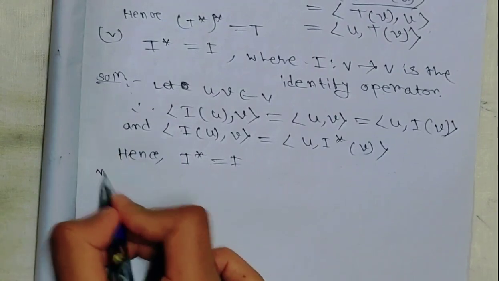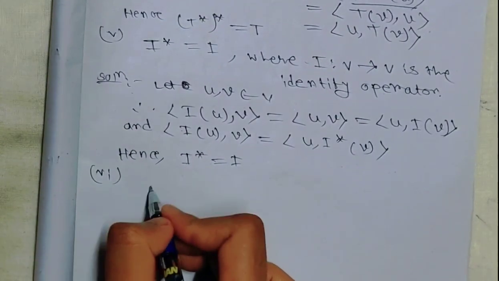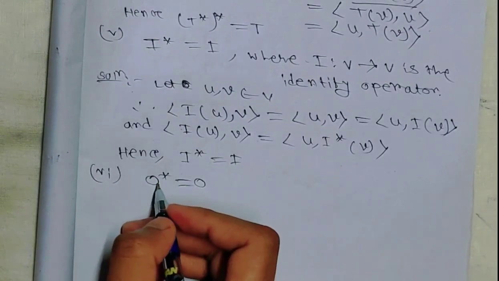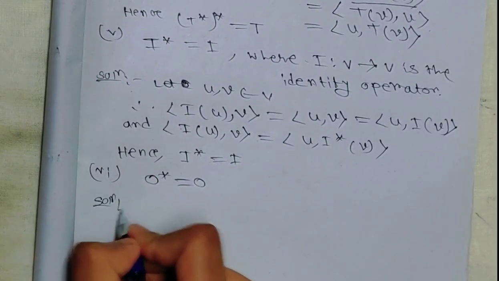Okay, now the sixth property, we have to prove that 0 star equals 0. Now solution.